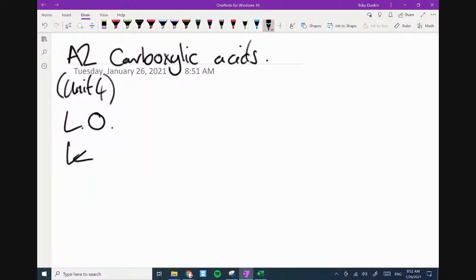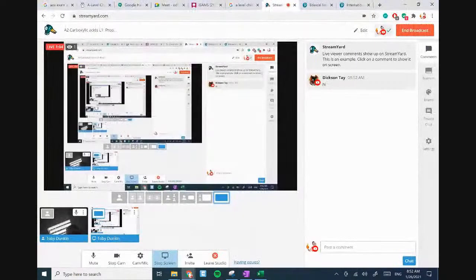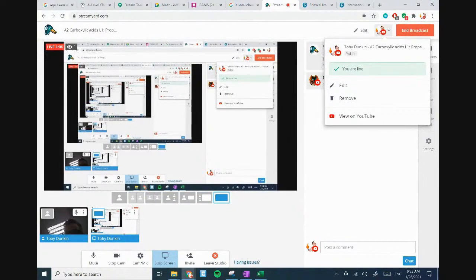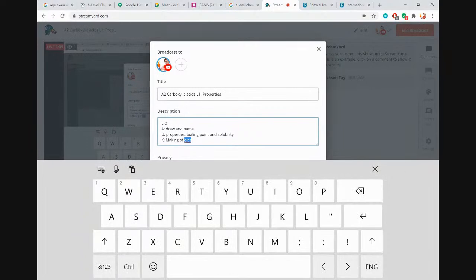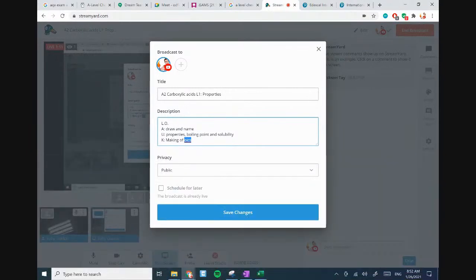Actually, you know what? I should probably have some kind of continuity here. So if I just go edit, I can just select. Oh, that's not going to let me do that. I need my mouse. I forgot my mouse.